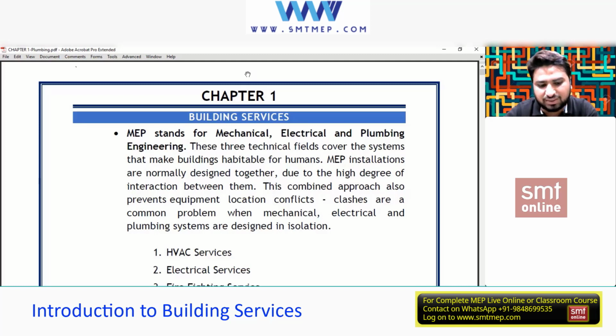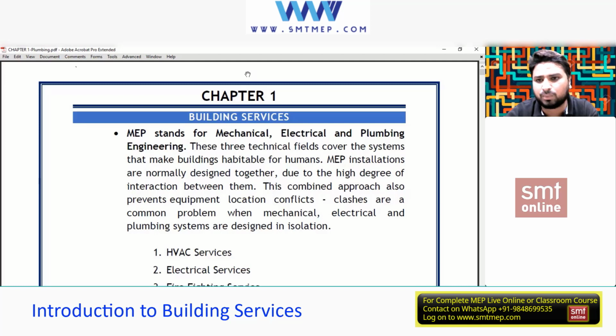It's not that these three services alone, if installed in a building, make it habitable for humans, a good place to live. There are a number of services which make a residential, commercial or industrial building easy and convenient for human beings as per the application of the project.